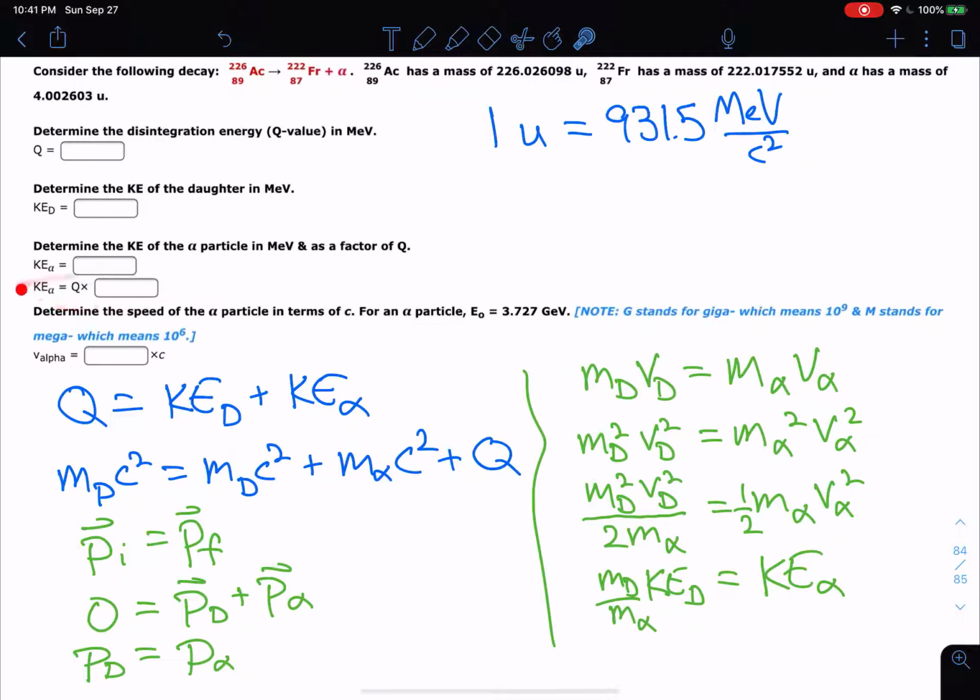Notice down here, you're also expressing it as a fraction of the total kinetic energy between the daughter and the alpha particle. The reason you're asked to do this is so that you can see that even though the alpha particle is way smaller, it has the vast majority of the kinetic energy of the system.